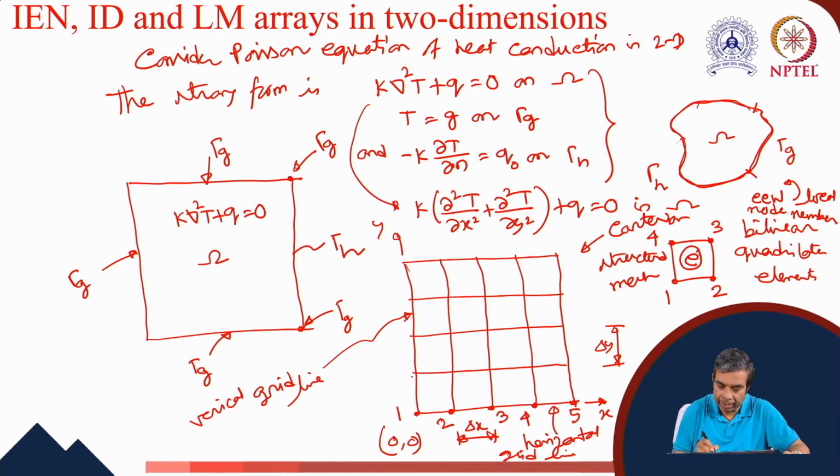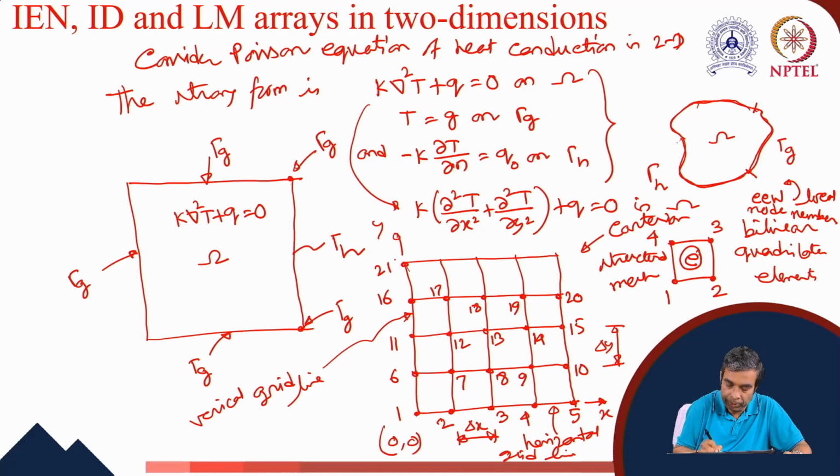These are unique numbers. 6, 7, 8, 9, 10, 11, 12, 13, 14, 15, 16, 17, 18, 19, 20, 21, 22, 23, 24, and finally the last node in the mesh, that is the 25th global node.